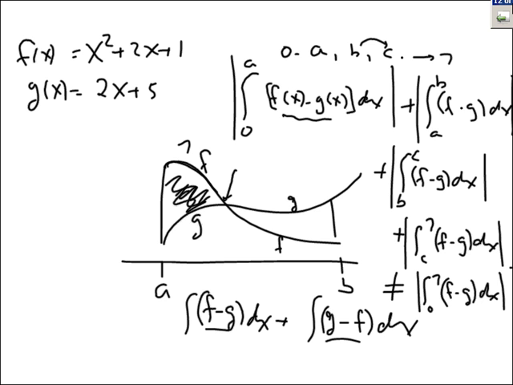If this area comes out as 7 and this one as negative 2, you take the absolute value of each and you get 9. But if you add them up first, you get 5, and taking the absolute value gives 5, which is wrong. The answer should be 9. Let me show you what I mean.